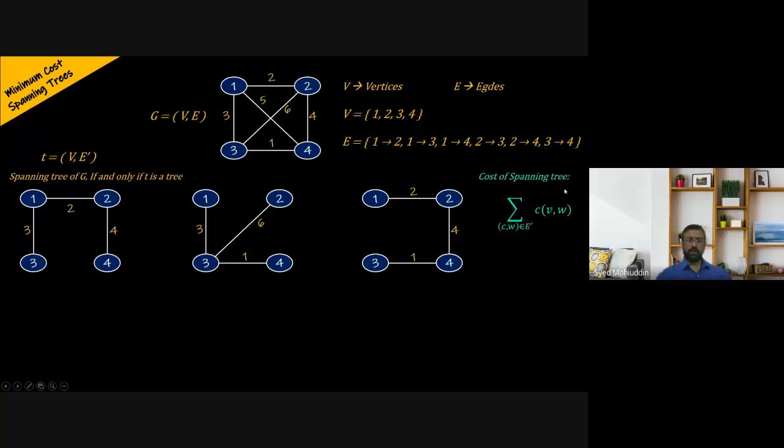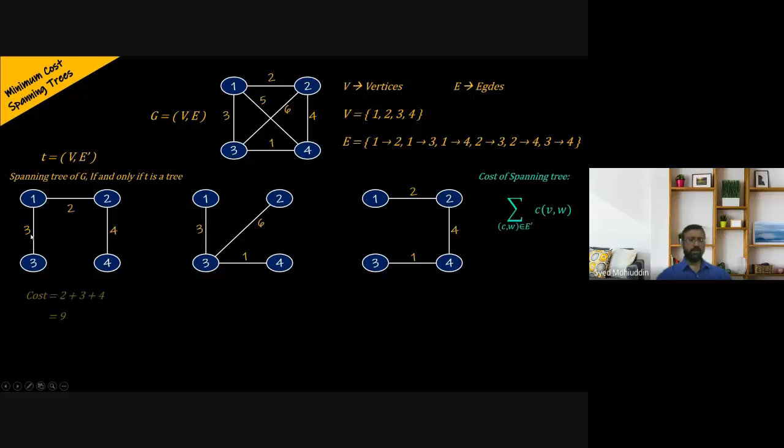So that's why, if V comma W is an edge, the summation of the cost of V comma W is the cost of the spanning tree, where V comma W belongs to E dash, not E. E dash is nothing but the set of edges.